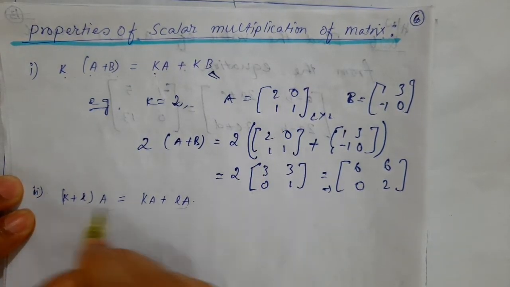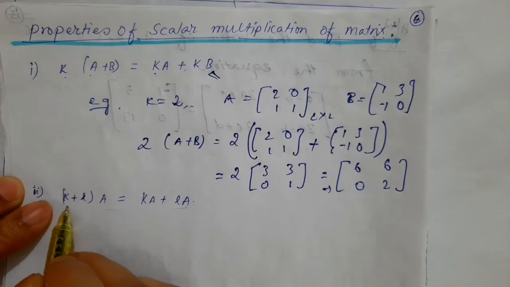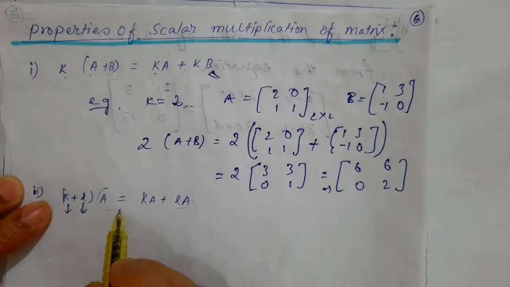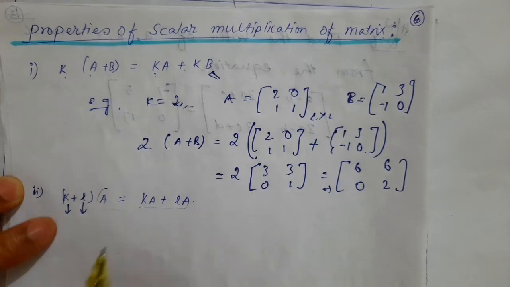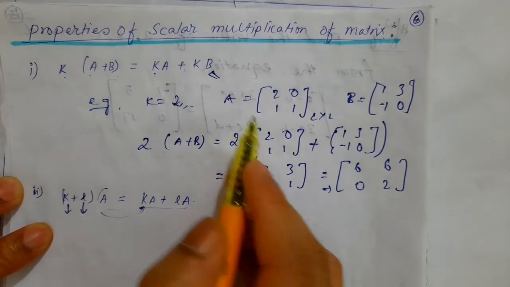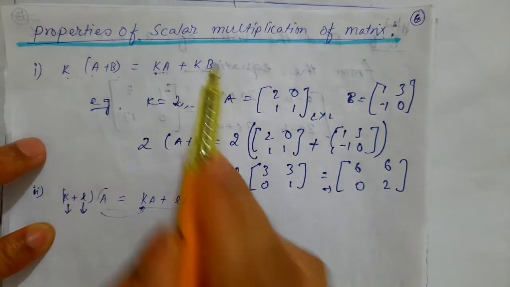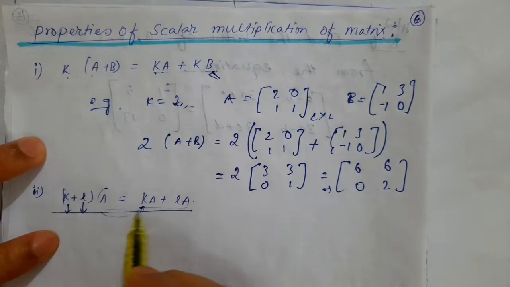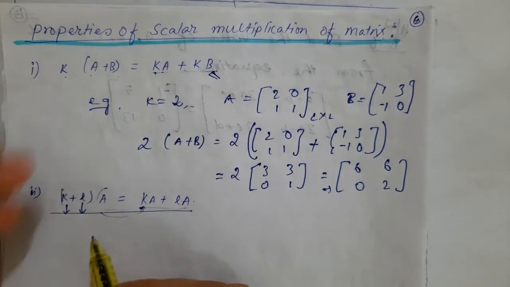Now here is another property. Suppose two scalars k and l and a matrix are multiplied, and the scalar is multiplied with the matrix. It will split like the associative one. You can easily prove this by taking examples.